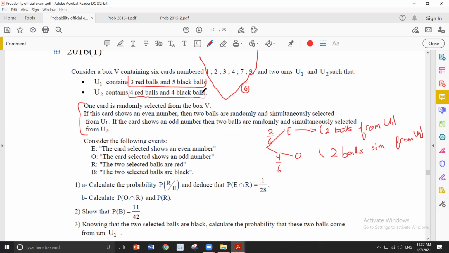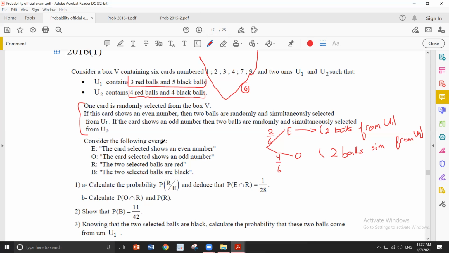If it is odd, we take 2 balls from U2. Suppose U1 is Thomas, U2 is Chris, and V is Haikaz. First, we take a ball from Haikaz. If it is even, we take 2 balls from Thomas. If it is odd, 2 balls from Chris.